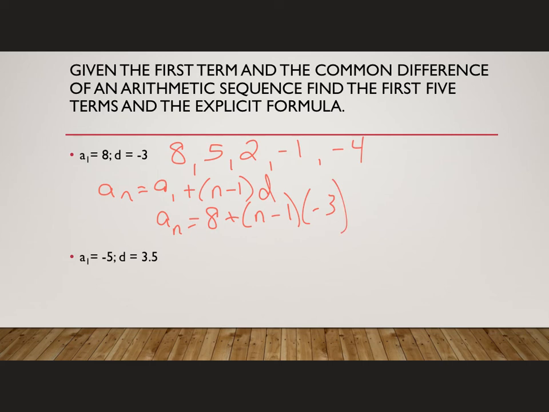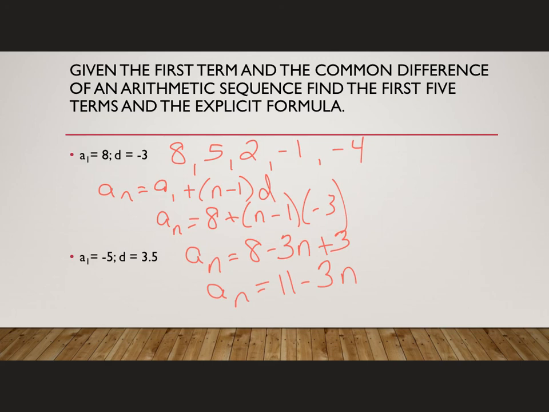I'm going to distribute out the negative 3 to get a sub n equals 8 minus 3n plus 3. So a sub n equals, I'm going to combine like terms and get 11 minus 3n. That's all we're doing in order to find these.